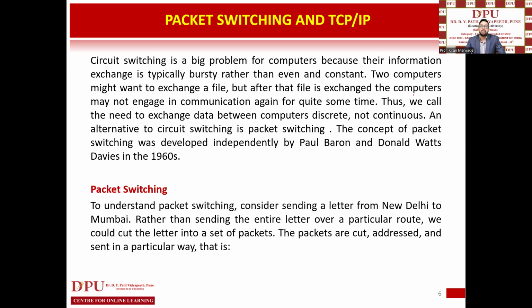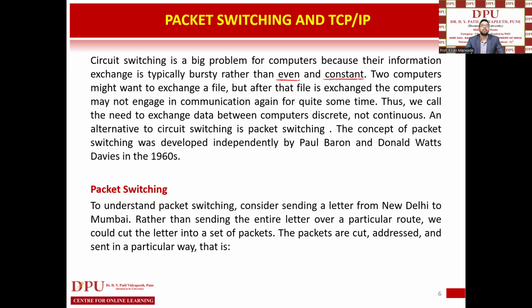So basically, what is circuit switching? Circuit switching is a big problem for computers. Why? Because their information exchange is typically bursty rather than even and constant. That means the way of communication is bursty, not even, not constant.